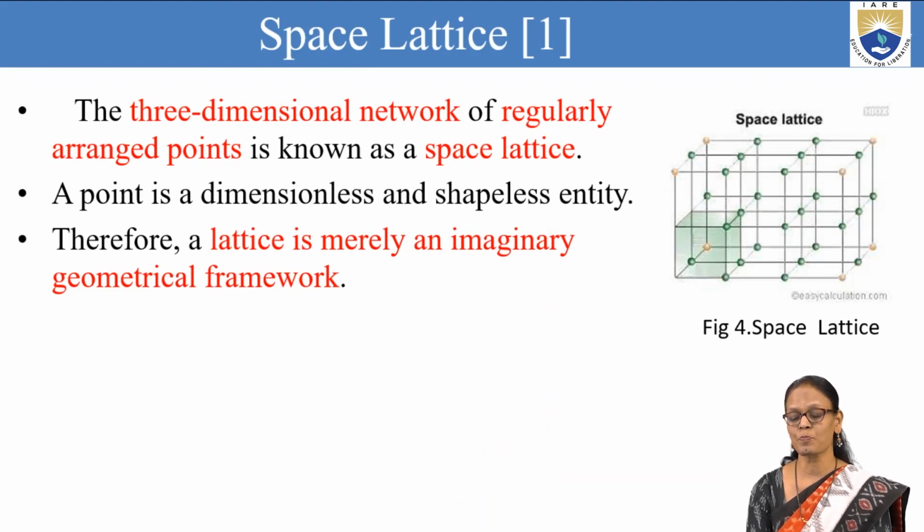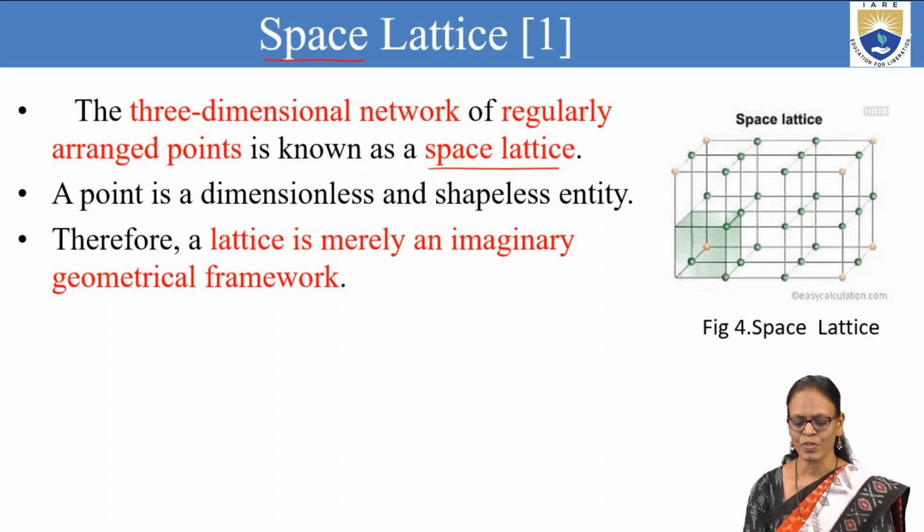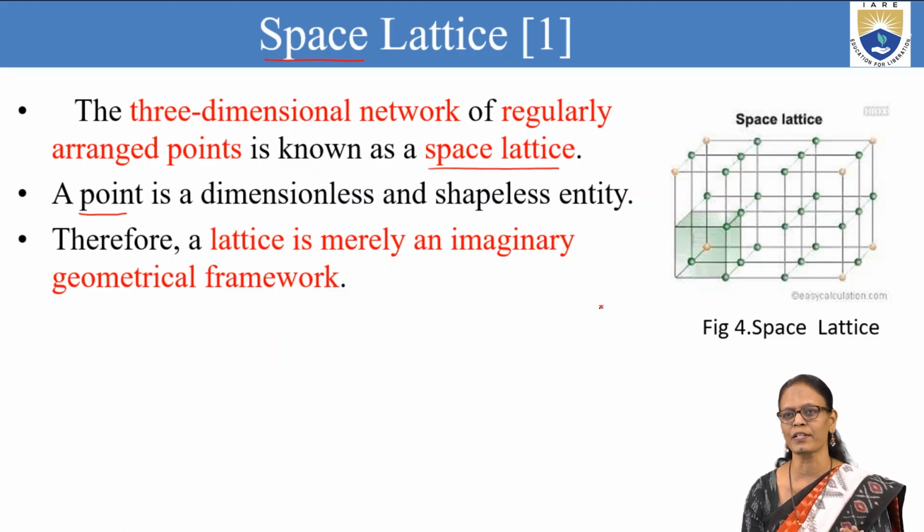Now coming to space lattice. What is a space lattice? A three-dimensional network of regularly arranged points, we call it a space lattice. Whenever we have this arrangement of points taken in 3 dimensions, we call it a space lattice. And a point is dimensionless and shapeless. So a point is just a point.